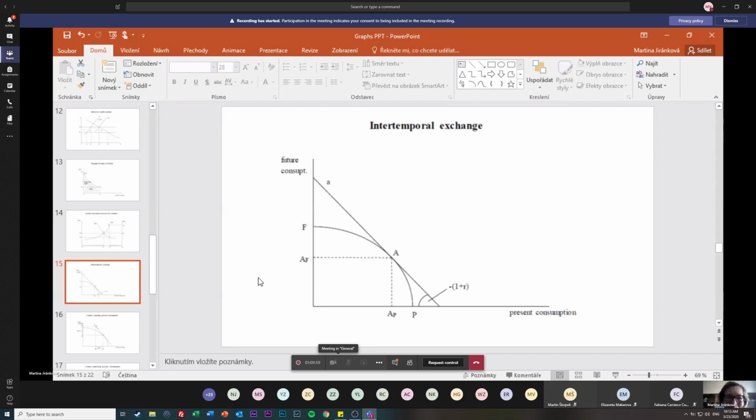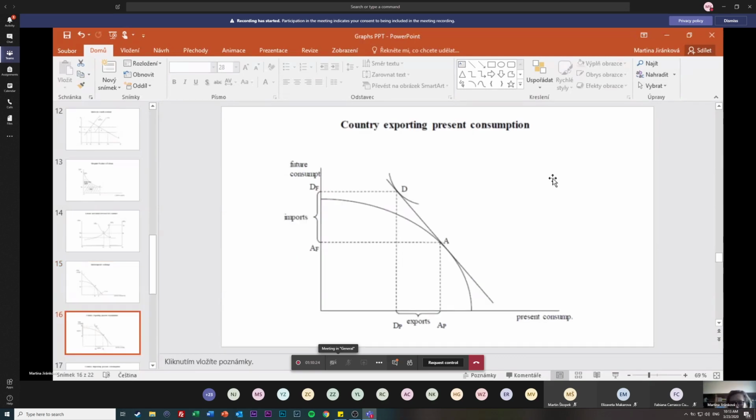So let's go to the next graph. Please, I will give you some time to draw it, and then I will start talking. So the picture is the same.